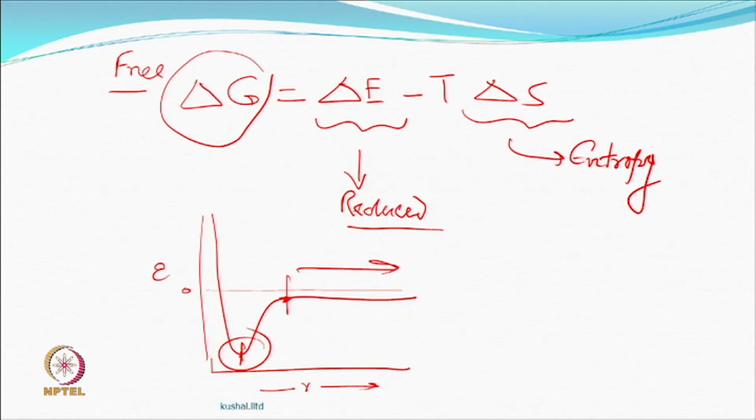So, this is what I was talking about, free energy, which is known as G, or the change in the free energy. This delta G should be negative for anything to become stable, all right. And how can it become negative?